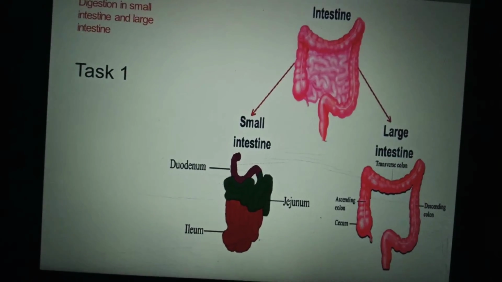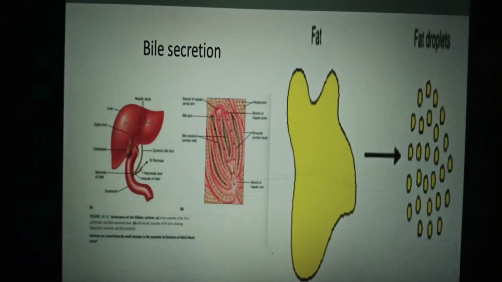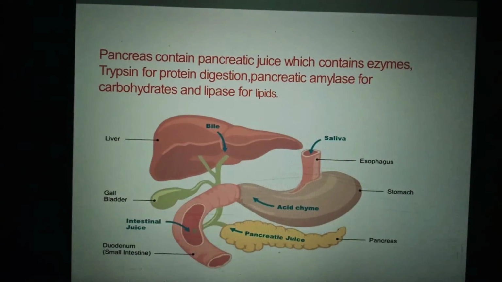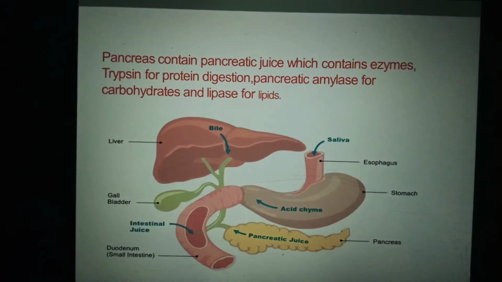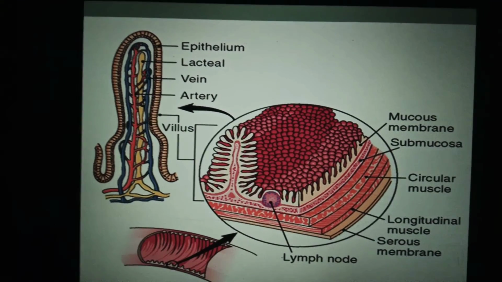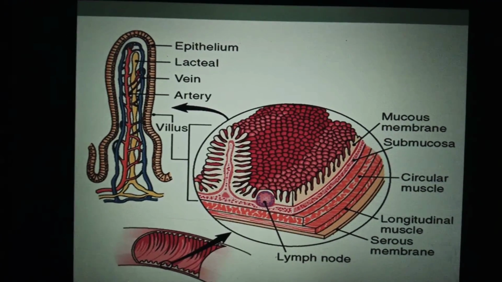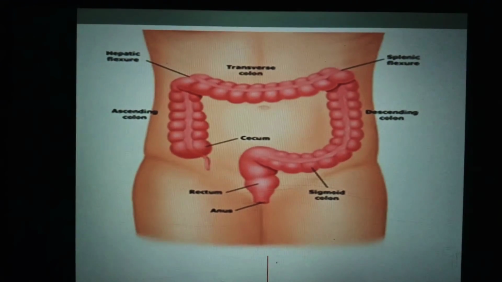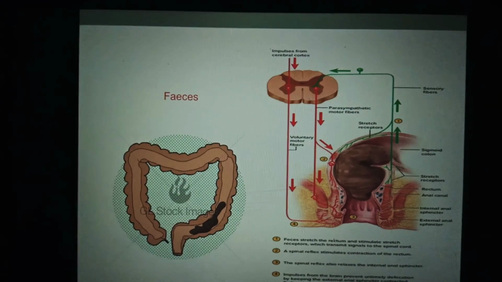I have discussed the small intestine, large intestine, duodenum, jejunum, bile secretion, pancreas and pancreatic juice, ileum, villi, lacteal and capillaries, the parts of the large intestine, and feces.